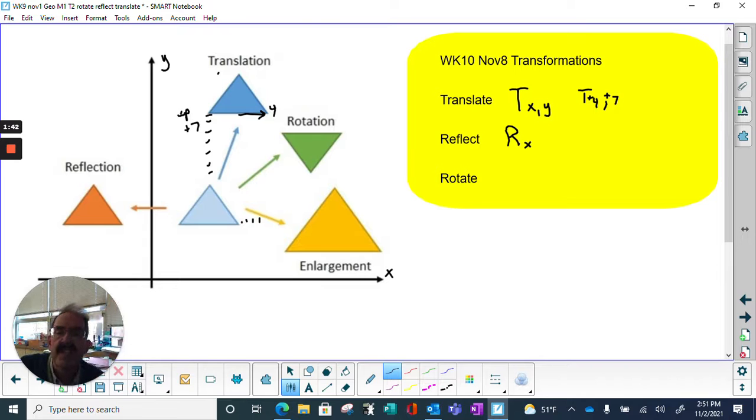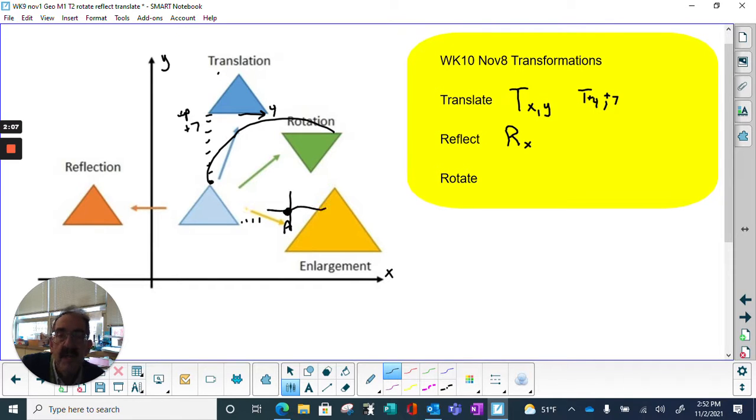Now in this case, let's talk about a rotation, and let's just guess right here, and we'll call that point A. And we're rotating this point, and let's say it will rotate to right there. So we have to guess.